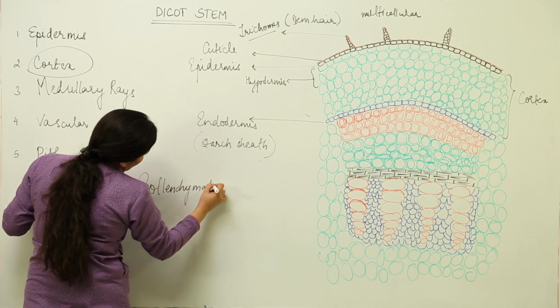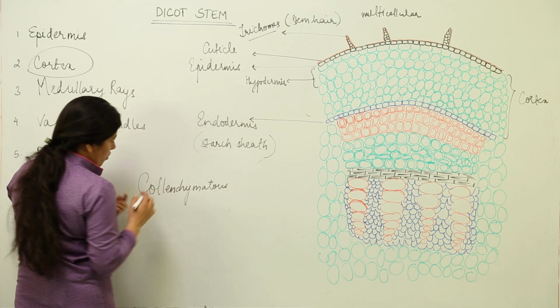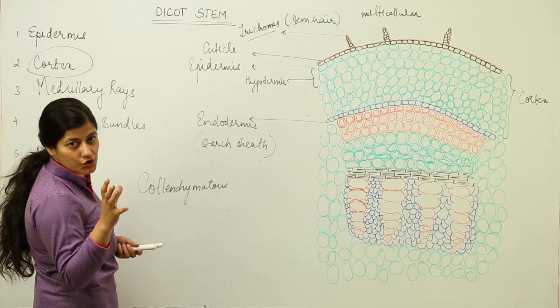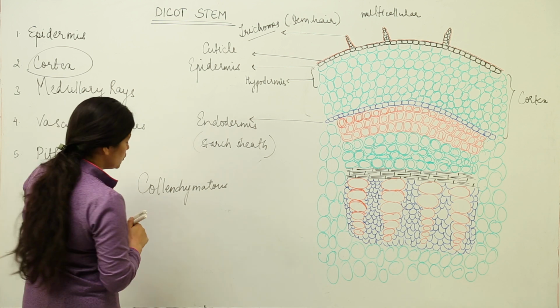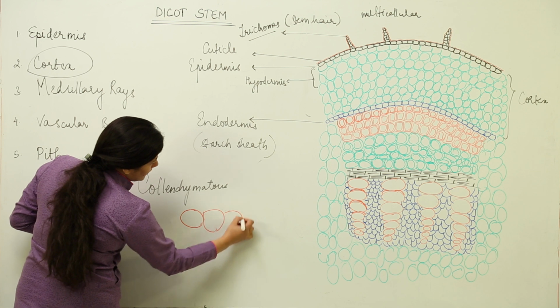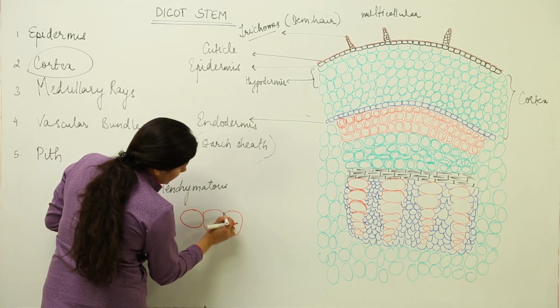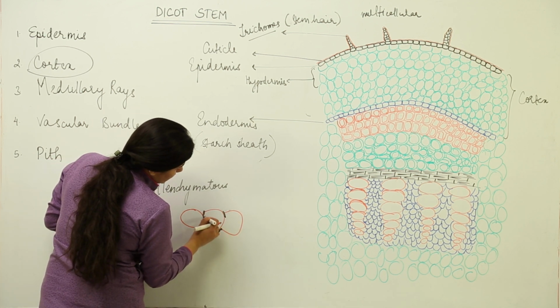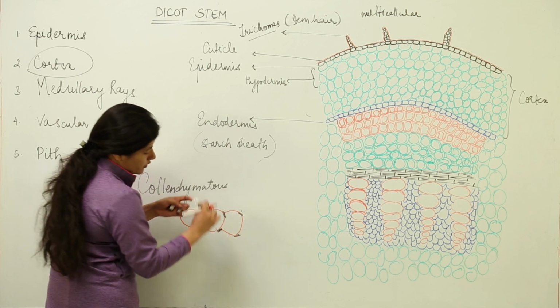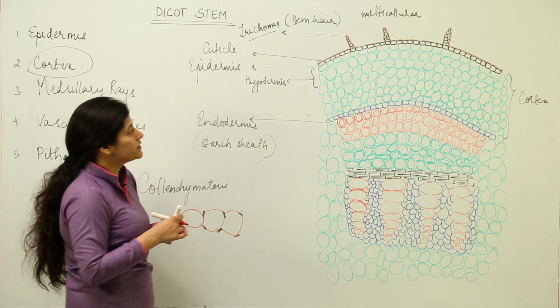This is hypodermis. From an anatomical point of view, this hypodermis is made up of cells which are collenchymatous. Now try to recall what collenchyma was. Collenchyma was a type of simple permanent plant tissue, which had living cells with angular wall thickenings, where there was deposition of hemicellulose and cellulose.